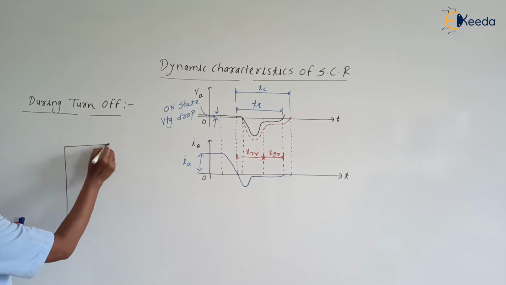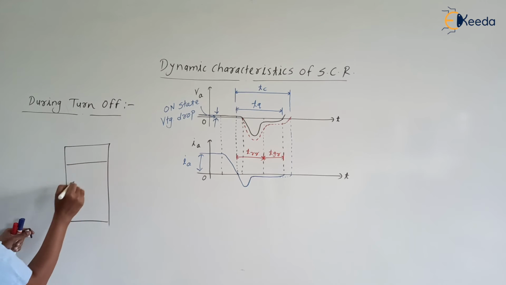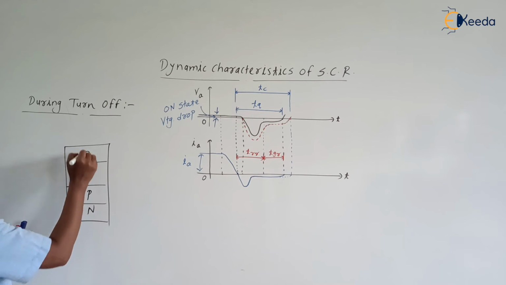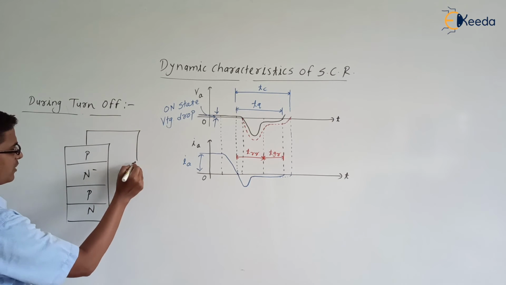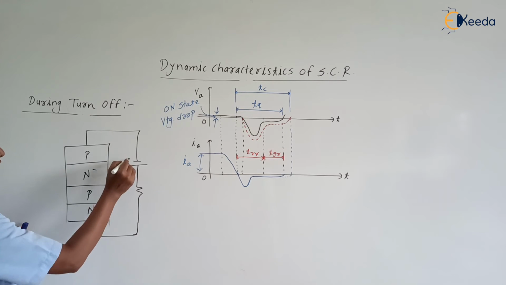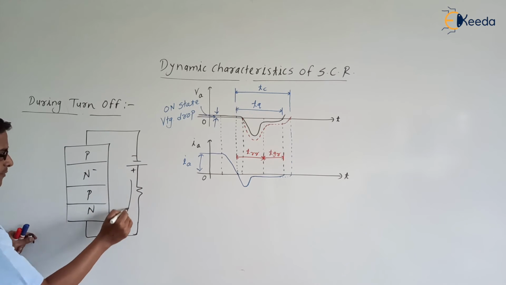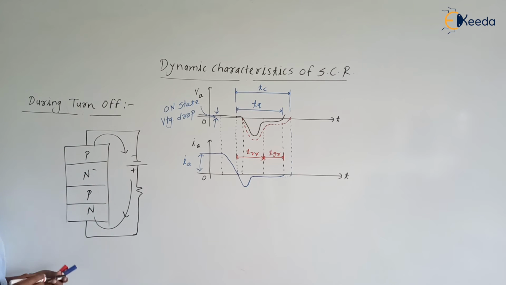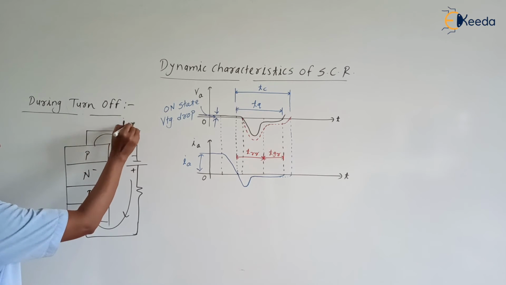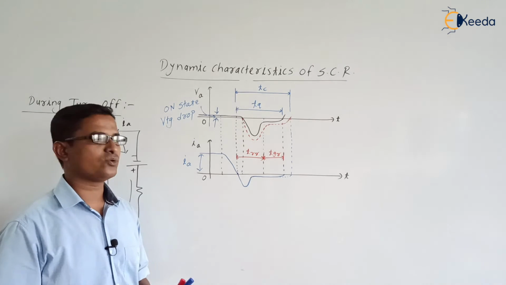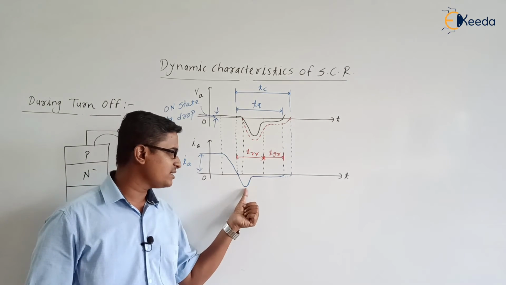Here we have the PN and N layers, and we have connected the reverse voltage across the SCR. So when reverse voltage is connected, the current will flow in this direction, that is the clockwise direction. The IA actual direction was like this. So if we maintain the reverse voltage, IA goes negative. That's why the IA is negative.